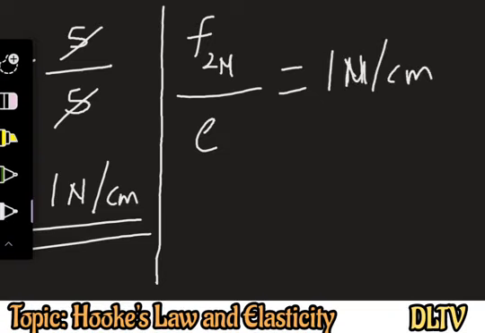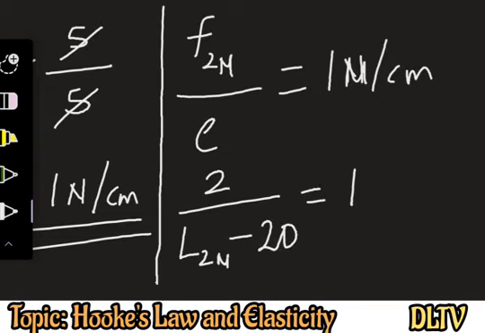Okay, so the force now is what? The force now is 2 Newton. So 2 over the extension. Remember, the extension now will be the difference between this length as a result of 2 Newton minus the original length, which is 20, and that will be equal to 1 Newton per centimeter.